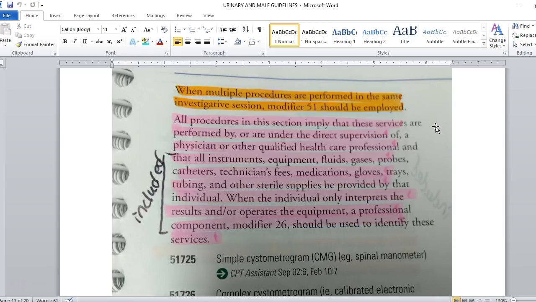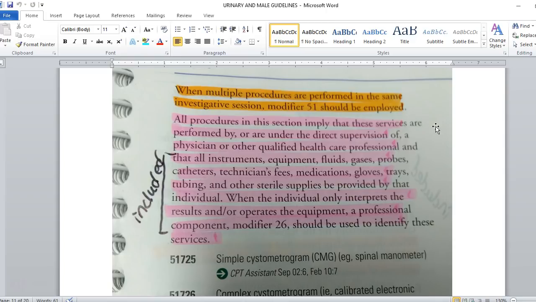When the individual only interprets the result and/or operates the equipment, a professional component, modifier 26, should be identified for these services. Again, everything that we generally use to perform these procedures is included in the codes and cannot be coded separately. So we should not be breaking out HCPCS to look up this information.